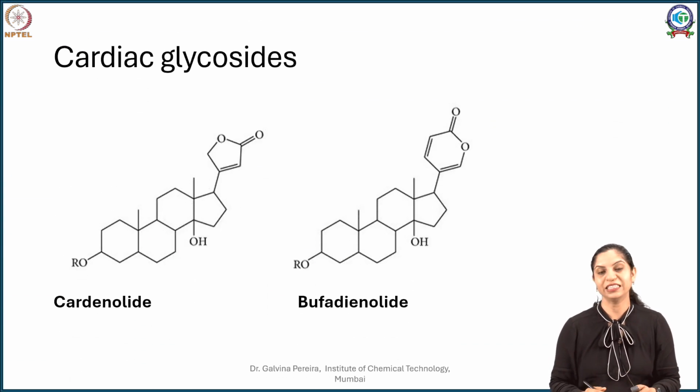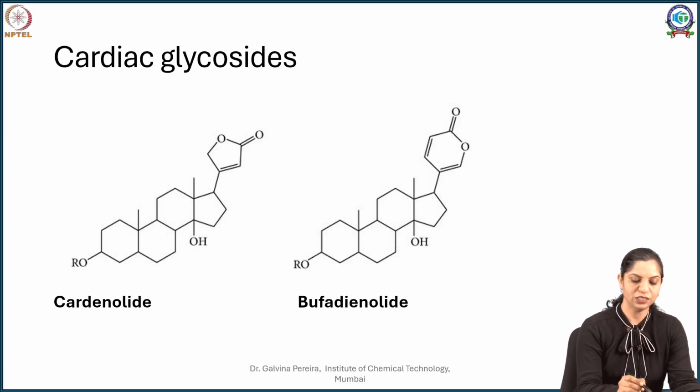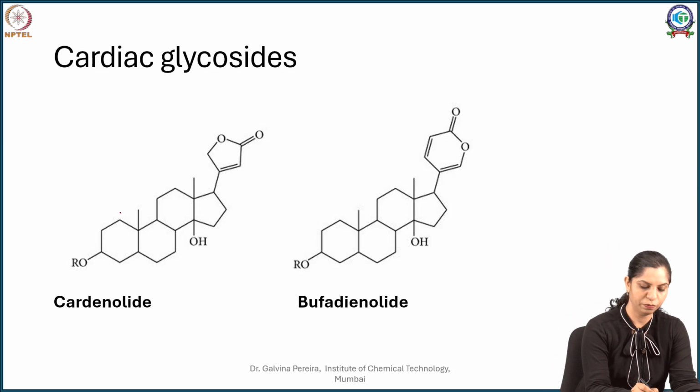Here you will see the difference between the two. These are steroidal moieties. You will have your carbon number 1, 2, 3, which I said was hydroxy, 4, 5, 6, 7, 8, 9, 10, and then 11, 12, 13, 14, 15, 16 and 17.